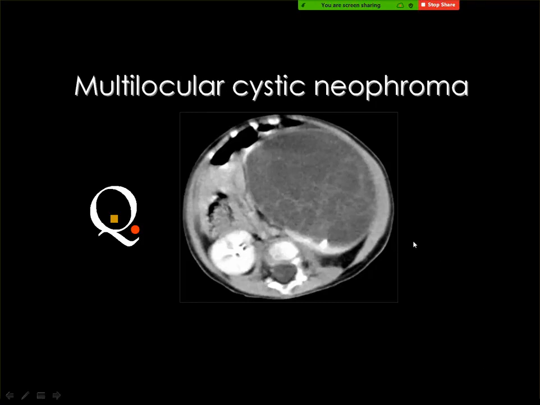Nephroblastoma. Multilocular cystic, yes. Not a solid lesion, it is cystic, and the whole lesion is occupied by cysts, and this is the claw sign, which is one of the signs that help you to know that this is of renal origin.